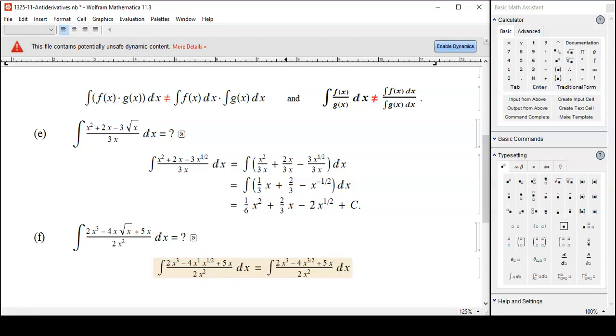And then go ahead with standard separation. Minus 4x to the 3/2 power over 2x squared. 5x, no, not just 5x and 2x to the second power. Let's put some space in between.